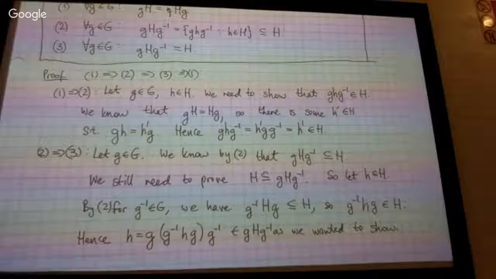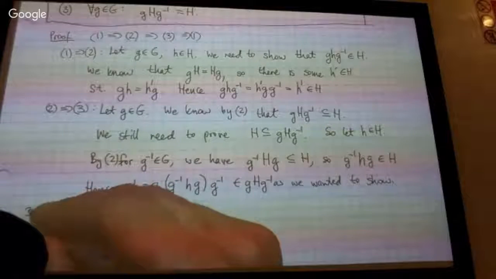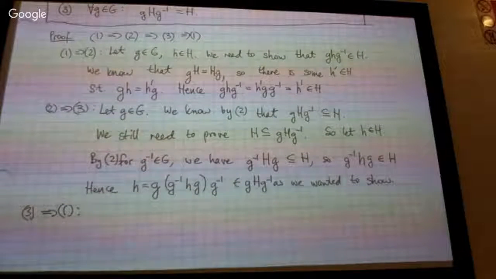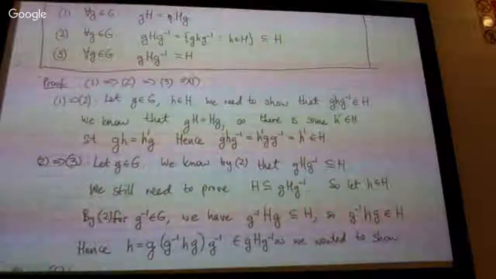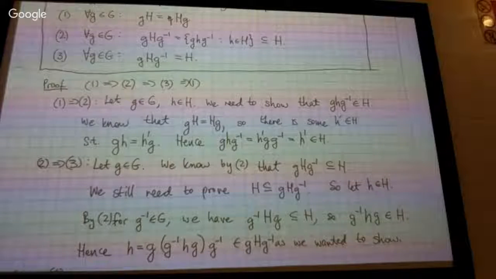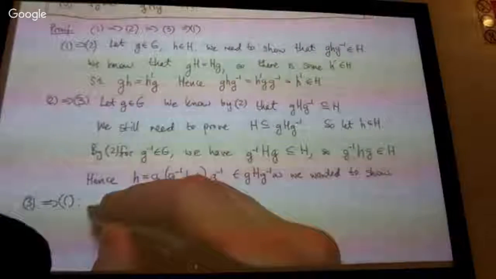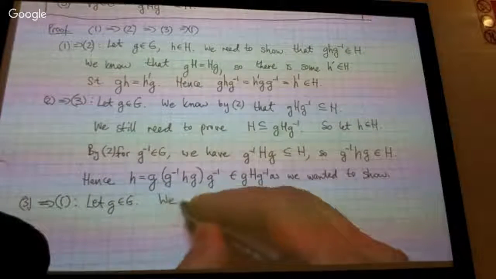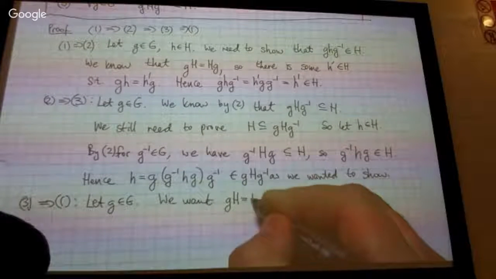That's the thing. And the last implication that we want to prove, 3 implies 1, goes like this. So what do we want? Remember, 1 is that GH equals HG for any G. So again, as always, let G be any. We want GH equals HG.